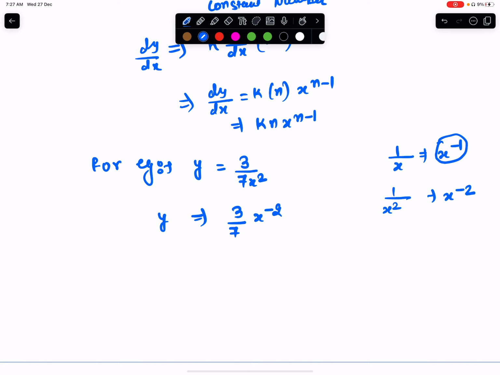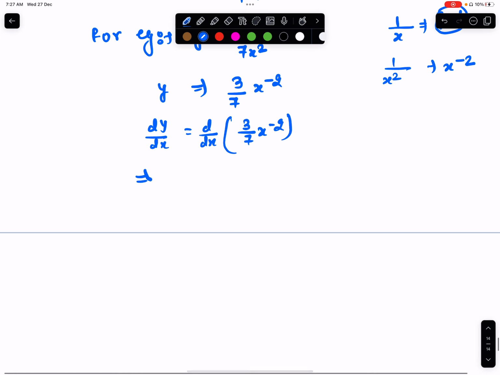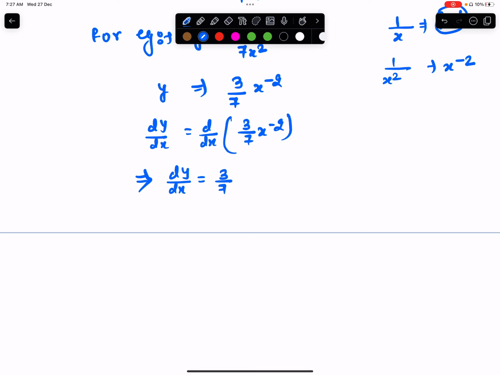So this is how we will solve d by dx of 3 by 7 x raised to the power minus 2. That will equal 3 by 7 times d by dx of x raised to the power minus 2.